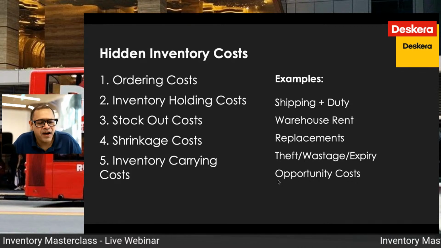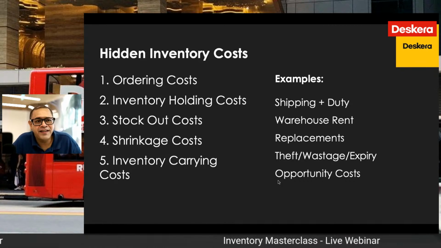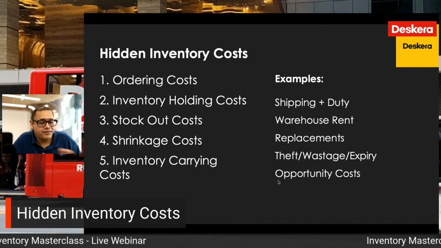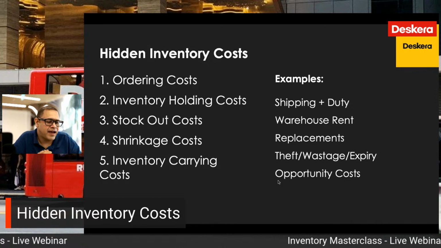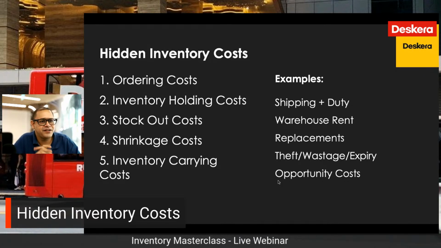But what about the hidden costs that we are not tracking, or that we are not aware of, or we don't even know exist? So, David, would you like to share some examples and give some insight into these 5 different hidden inventory cost categories?